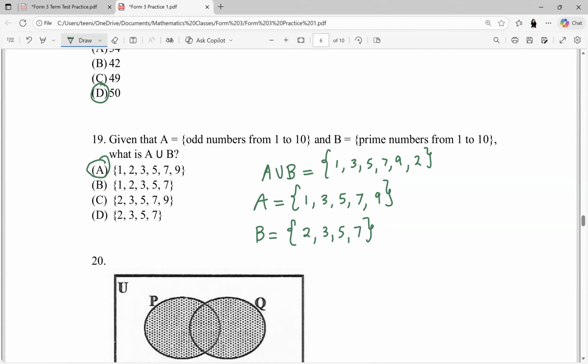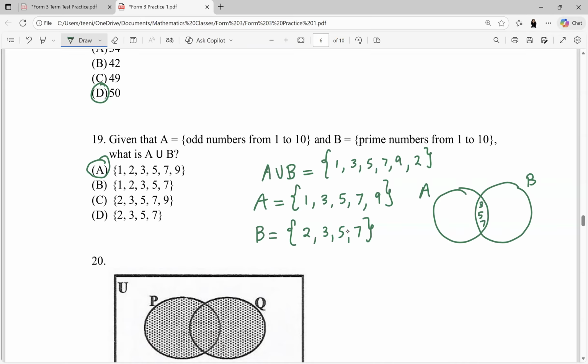And on a Venn diagram, right? If you're drawing a Venn diagram, A and B, what will go in the intersection will be the elements that are common to both of them. So that would be 3, 5, and 7, because 3, 5, and 7 are both odd and prime.